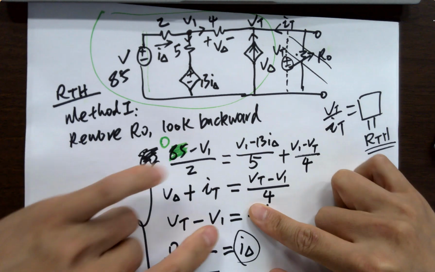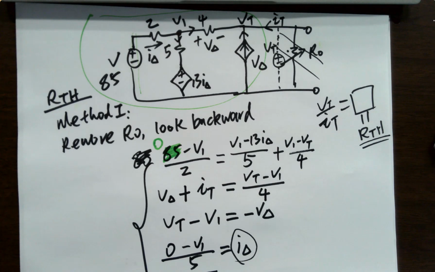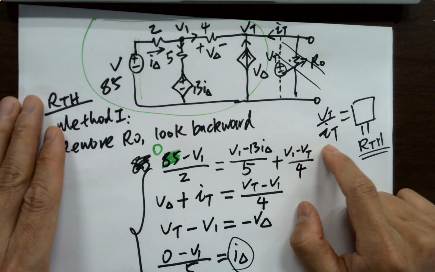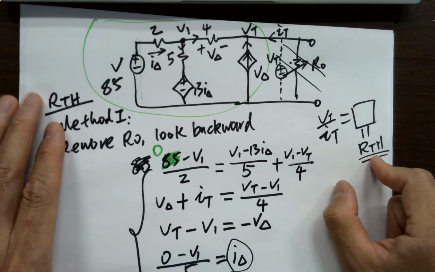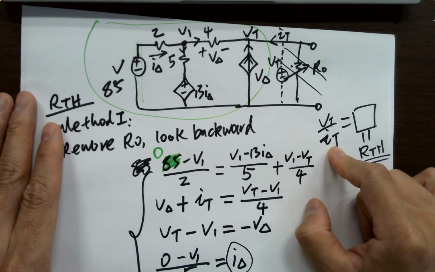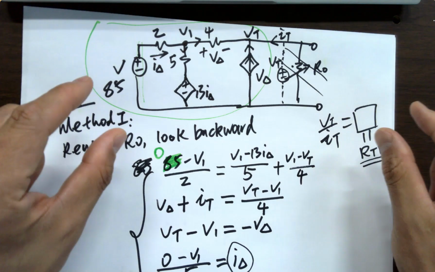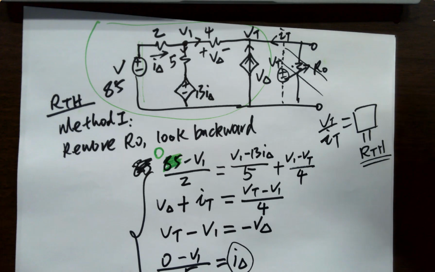What I'm trying to do is build that kind of strategy. I don't want to just directly dive into it, so that next time when you have the same problem, you know where to get started. So what I'm trying to do is find RTH. How do you find RTH? VT over IT. Okay? So eventually what you need is a long equation with only VT and IT there.